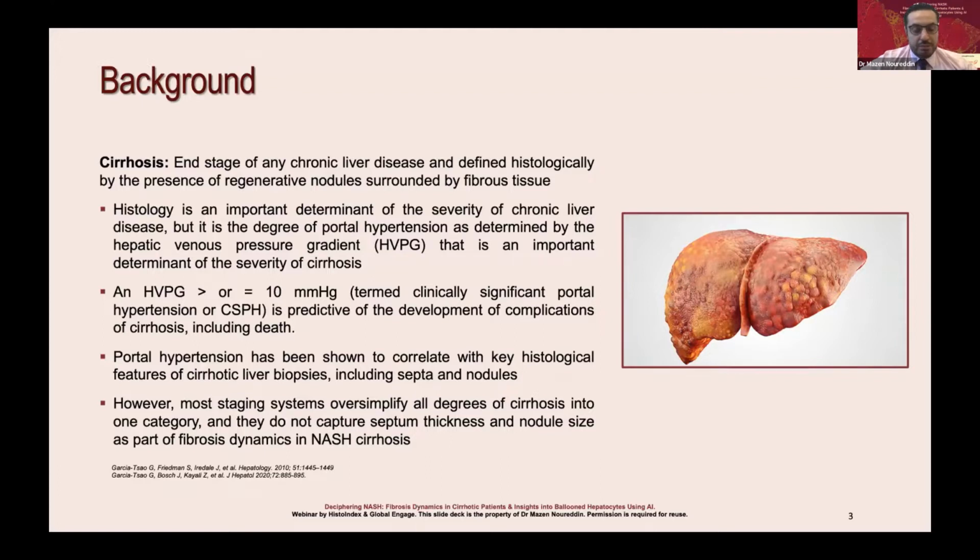And I think me and my presenter colleagues, we have presented in many conferences that it's really different going from stage 2 fibrosis to stage 1, compared to stage 4 to stage 3, or 4 and 3.5 even.